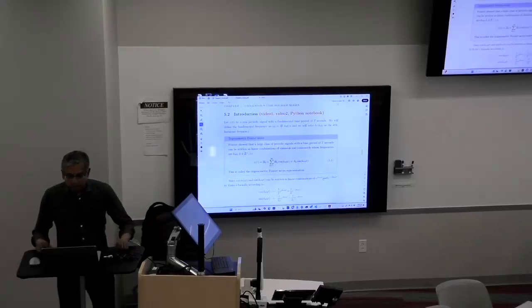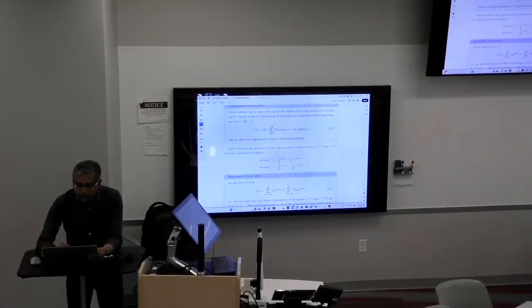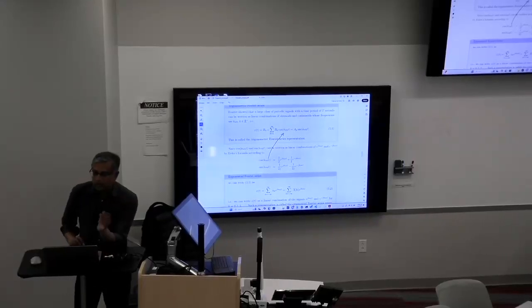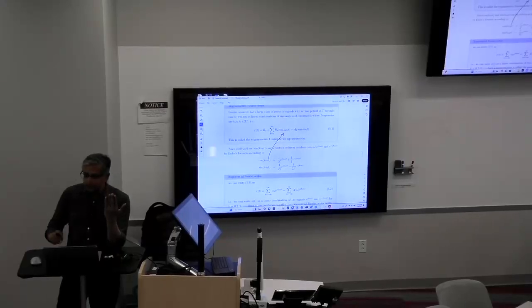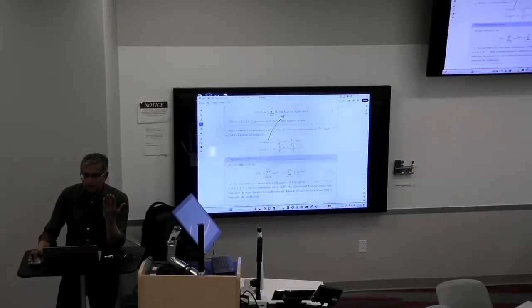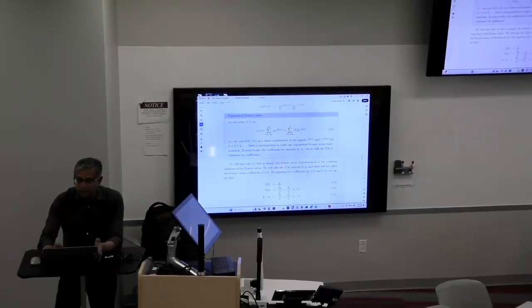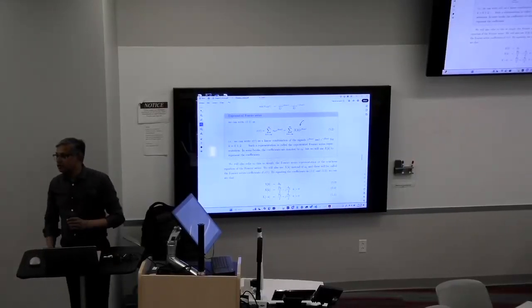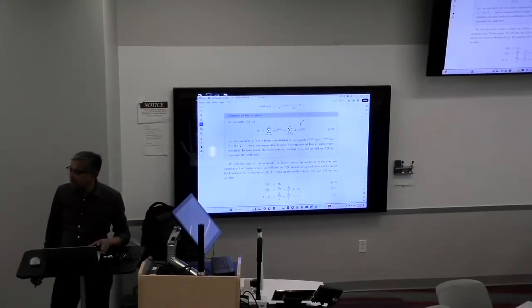But like I just pointed out, you can replace cosine k omega naught t by 1/2 e to the j k omega naught t plus 1/2 e to the negative j k omega naught t, and sine k omega naught t by 1/2j e to the j k omega naught t minus 1/2j e to the negative j k omega naught t. When I do that, I end up with x of t being x of k times e to the j k omega naught t, summed over all values of k from negative infinity to positive infinity.